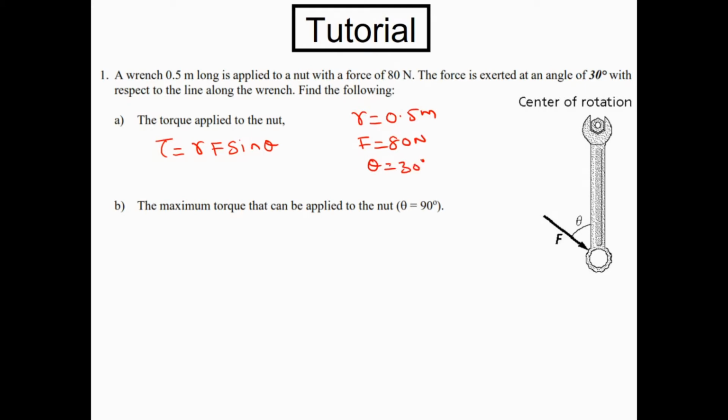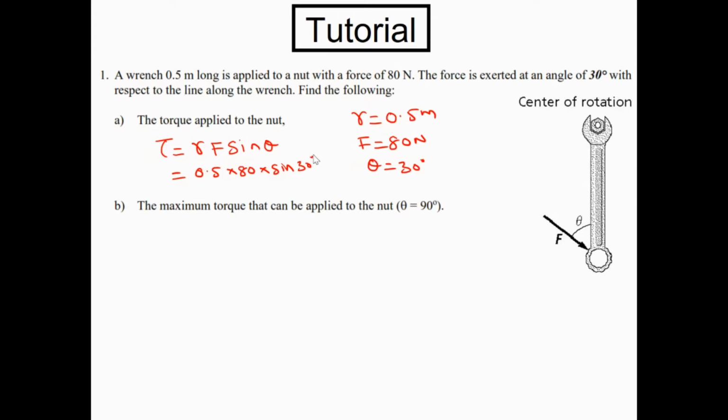Now I am going to substitute all the values in this formula. So R is 0.5 multiplied by 80 multiplied by sine of 30 degrees.